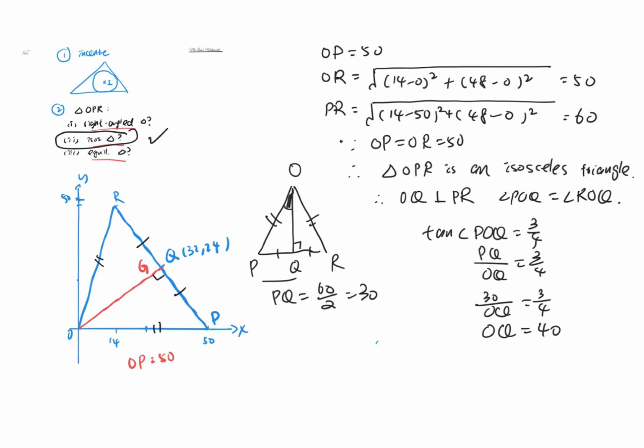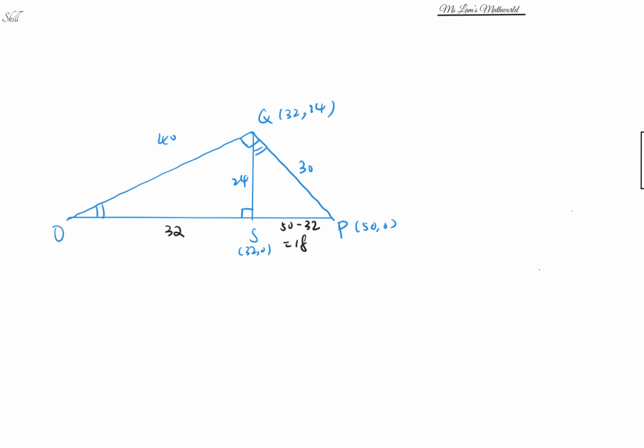So you may wonder why it is useful to use this right angle triangle. That's because of part B1. This time we use back the graph we used in part B1, and we modify it a bit to find the incenter of the triangle. For the incenter, we need the angle bisector, and we already have the angle bisector. That means the incenter I will be somewhere here, and it lies on OQ.